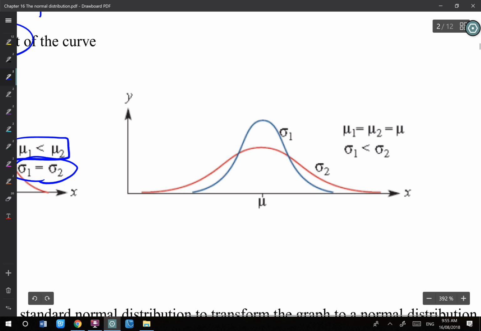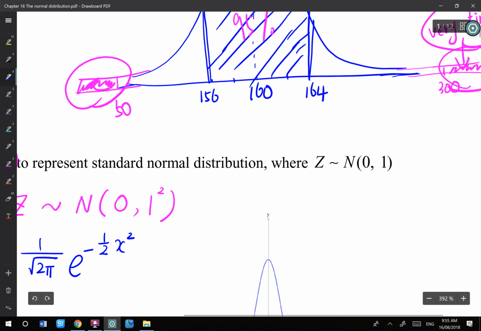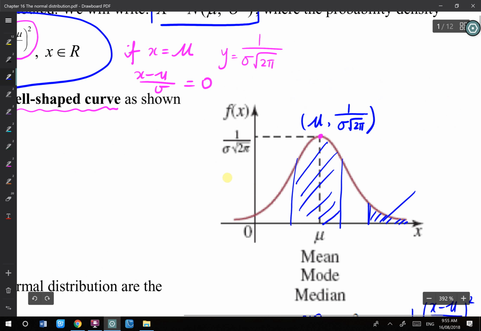What's the turning point here? Mu, comma, 1 over sigma square root 2 pi, right? I have explained how we get that point.